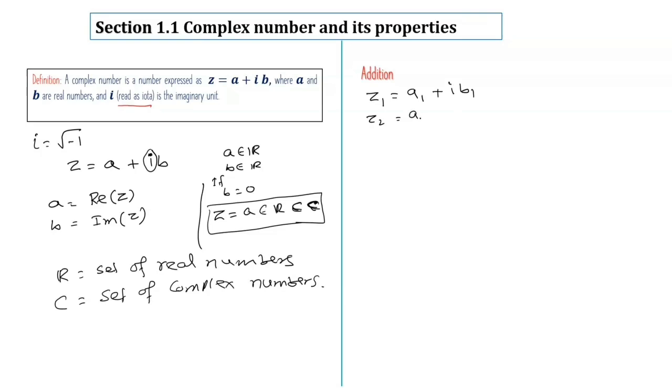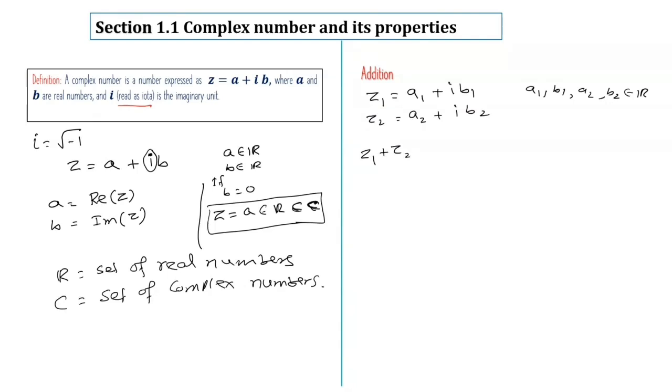and to do the addition we take two complex numbers, z1 equal a1 plus iota b1 and z2 equal a2 plus iota b2, where a1, b1, a2, b2 all are real numbers. So now to do the addition, we have to add the real part with real part and imaginary part with imaginary part.